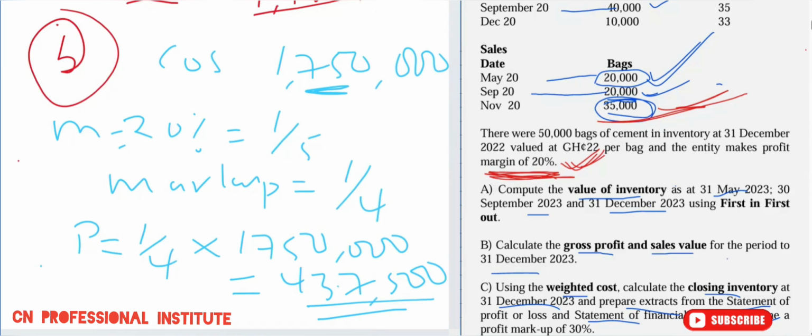So the 1/4 by the 1,750,000, and then we get 437,500. So we have to change the margin to markup. We change the 1/5 to 1/4. The 1/5, or the 20%, is the margin.